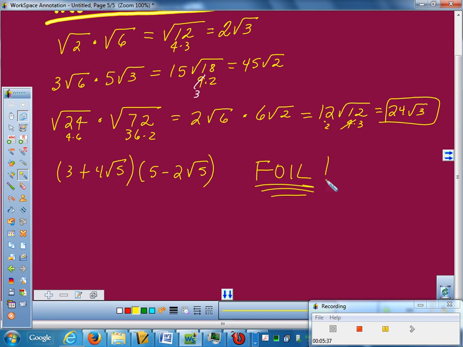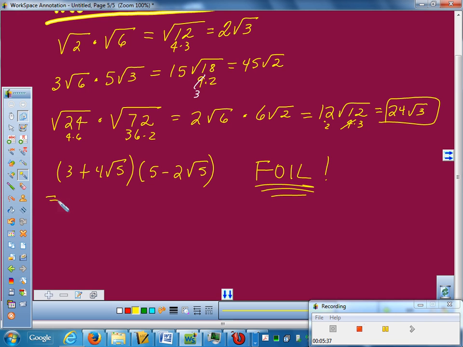The inners are the two in the middle, and then the last are the last in each parenthesis. You're going to, for the rest of the year, be foiling all the time. So if you don't like to foil, you might as well get used to it because you're going to do it a whole bunch. So if foiling is going to become one of those automatic things you don't even think about, you just do it. So yes, you get to foil this thing.